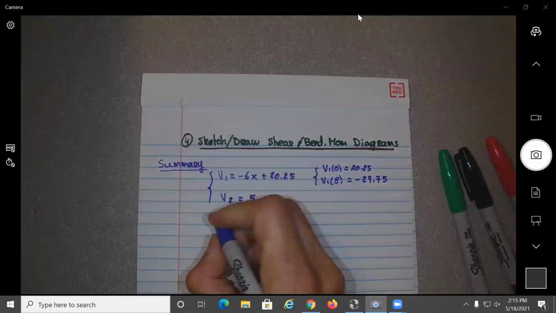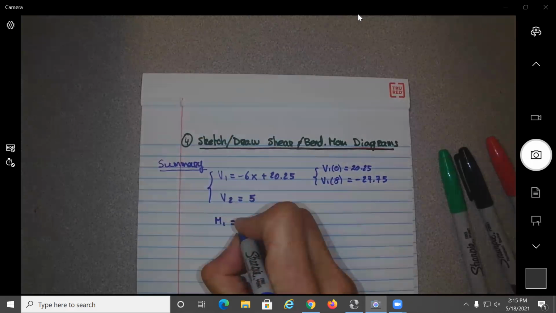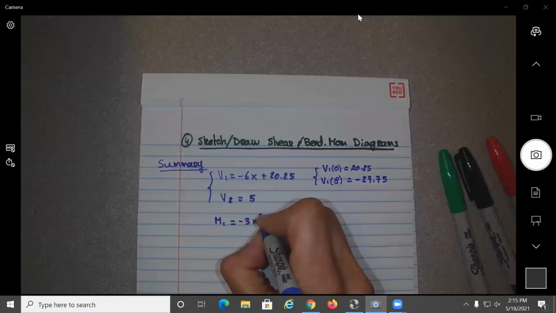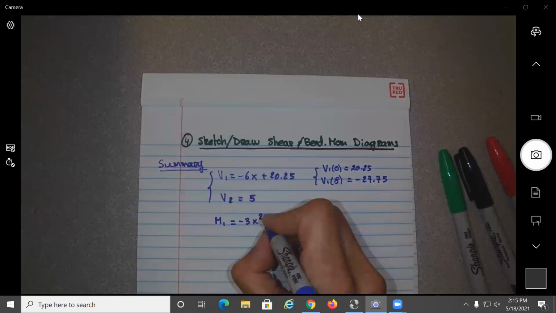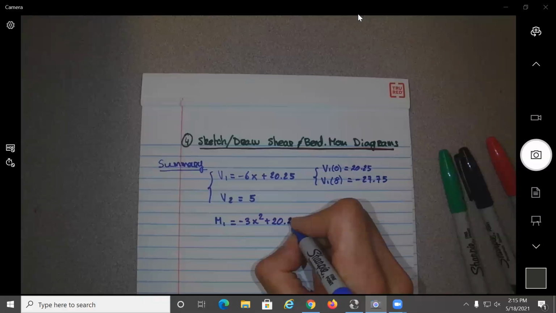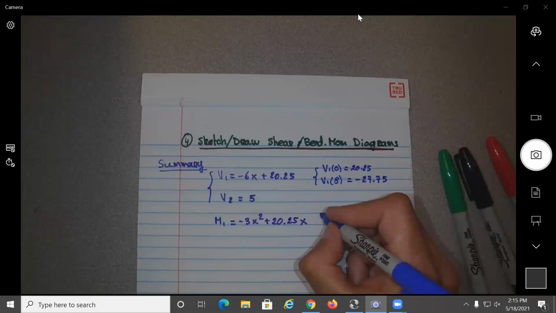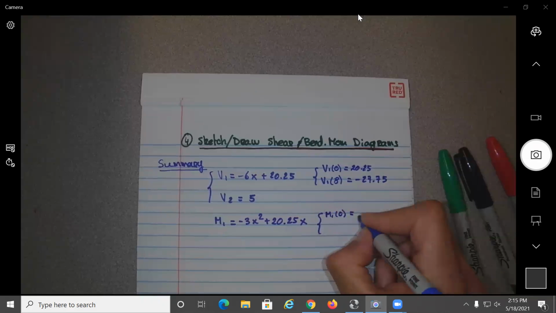Next, for the bending moment, what do we know? M1 equal to minus 3x squared plus 20.25x. And we needed 3 things over here. So we knew M1 at 0 equal to 0.